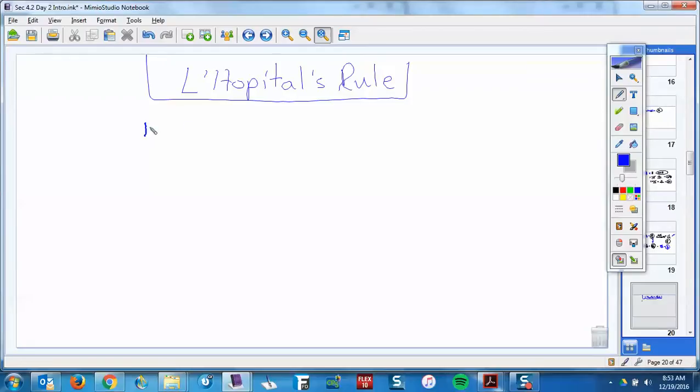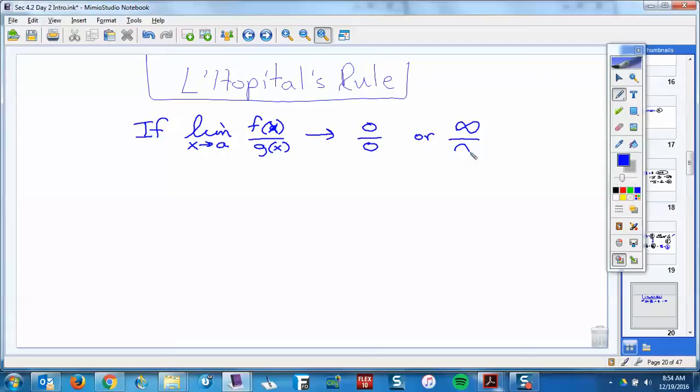that if the limit as x approaches a of f of x over g of x goes to 0 over 0 or infinity over infinity.